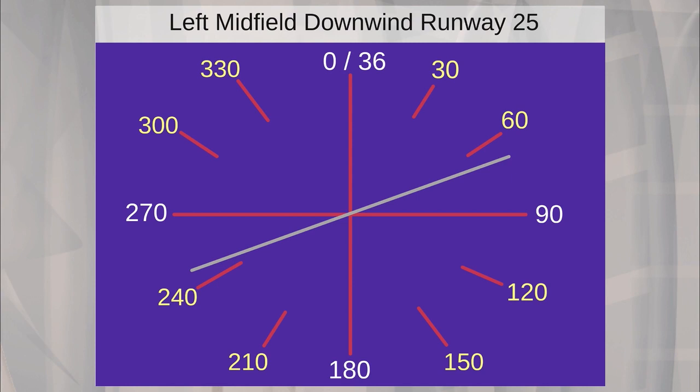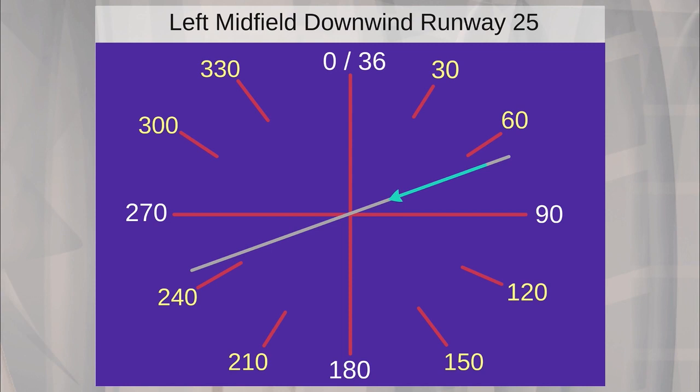But we're going to be heading in the direction of this arrow that I'm going to put on the runway. We'd be heading that way because we'd be heading towards 250. So as you can see, the teal colored arrow is heading towards 250. If we were landing in that direction, our compass would be reading 250.